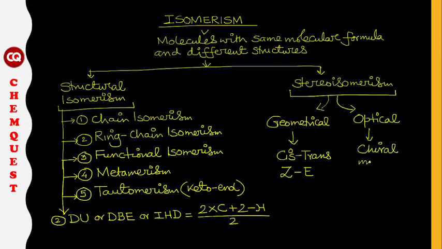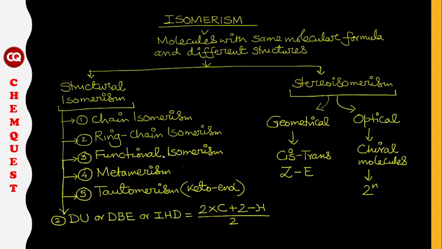Chiral molecules means carbon with 4 different groups or atoms, and the number of optically active isomers is 2 to the power n, where n is the chiral number. Optical isomerism is related to optically active isomers rotating the plane polarized light.